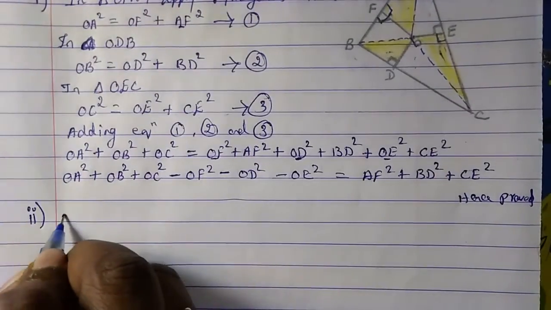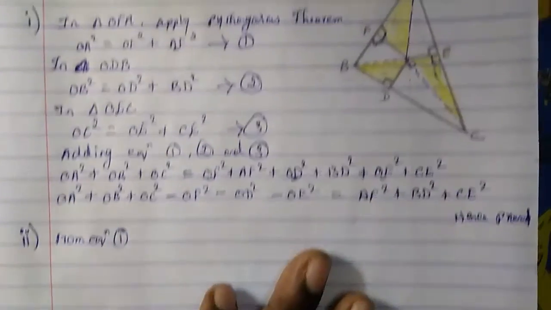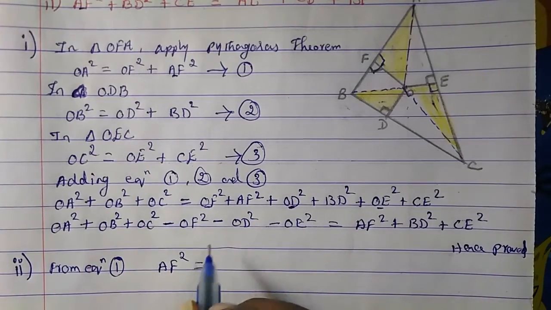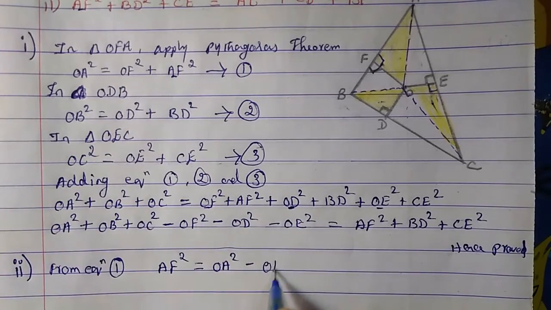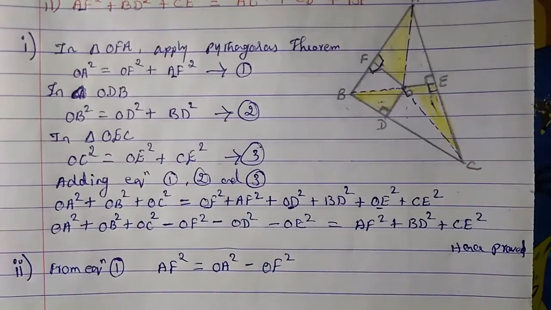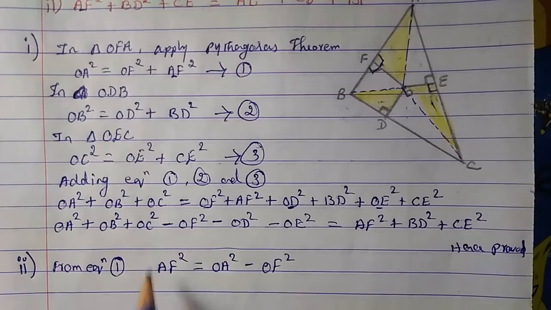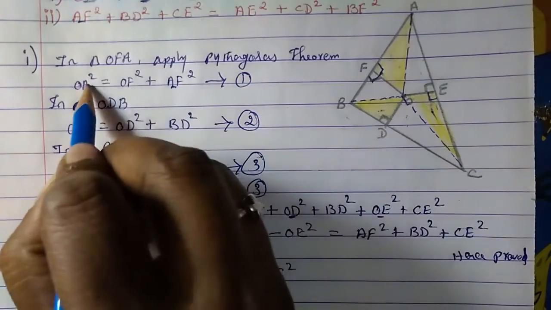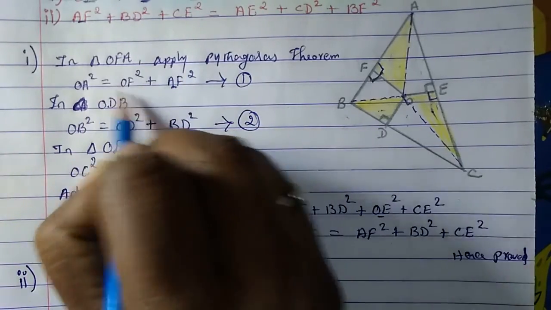From equation 1, we can write AF square equal to OA square minus OF square, because when this comes to the left side it becomes minus. Let me write it down and show you properly. If you keep AF here only, you can bring this to this side.